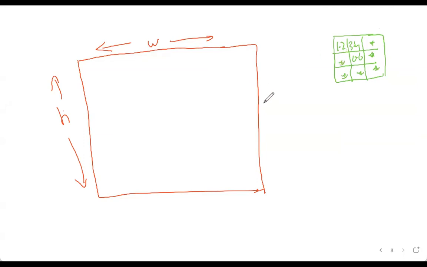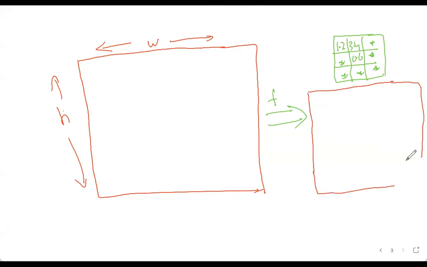Okay, so when we apply a filter operation on this image, you generate a new output image. The output image is not to scale; due to lack of space, I am just drawing it small.